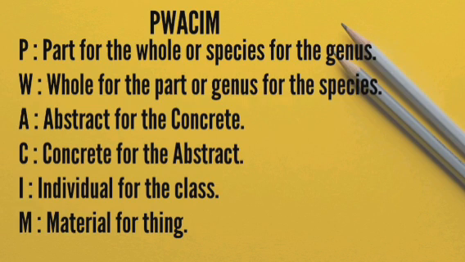One part is used to refer to the class, trying to refer to the whole group through a part. But there is a difference. It is different in the sense that here a name is being mentioned. Okay, a name is being mentioned of a person, of an important person. In case of individual for the class, an important person's name will be mentioned.